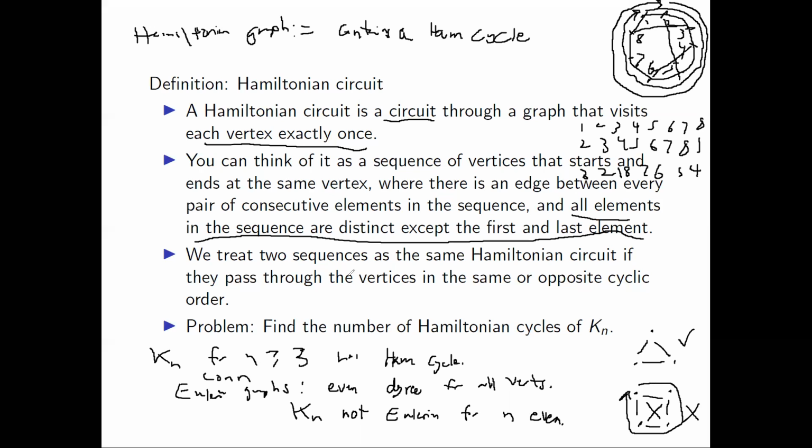Now, let's consider some examples of graphs with Eulerian cycles, but not with Hamiltonian cycles. So first example, a real trivial one. Let's consider that one. So a graph with a bunch of singletons.